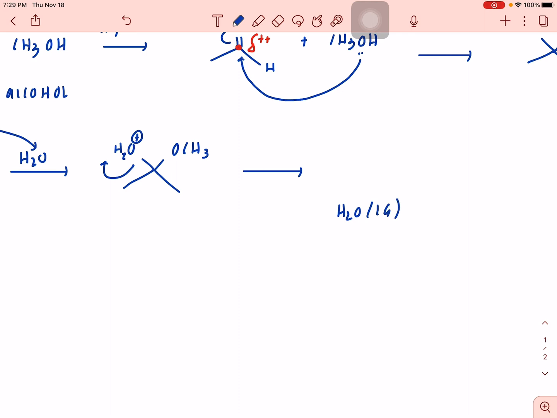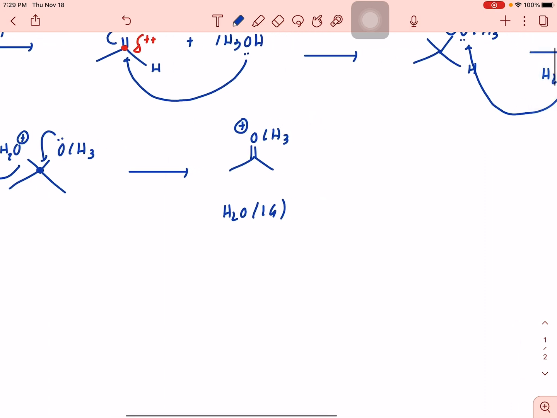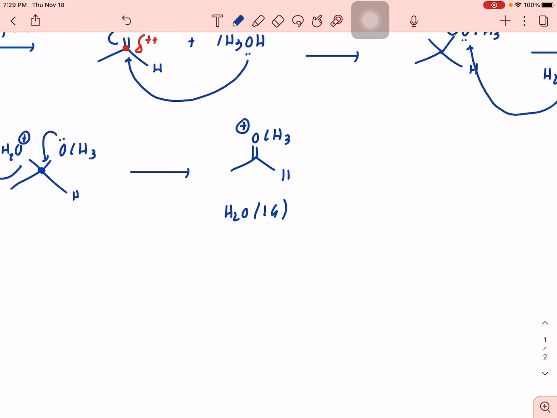So what happens is this comes off as a leaving group. And when that happens, a lone pair from the OCH3 oxygen will fold over and form a double bond, because if this water left with nothing to replace the bond that was there, then we would only have 3 bonds on this carbon, and that's bad. So this oxygen lone pair folds over, and we have an OCH3 that is positively charged. I keep forgetting my hydrogen, I'm sorry. And now what we have is the hot electrophile.